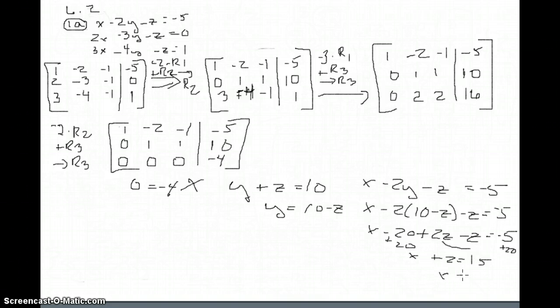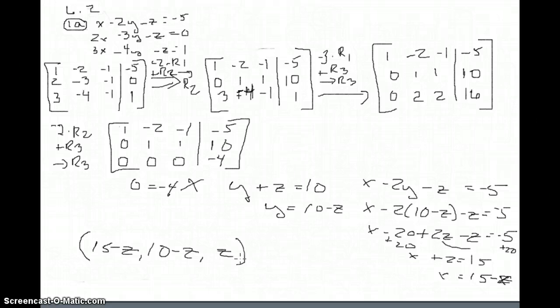So x equals 15 minus z. So my answer is, my x is 15, whoops, I forgot to put z here. This is z. I have 15 minus z and 10 minus z and z.